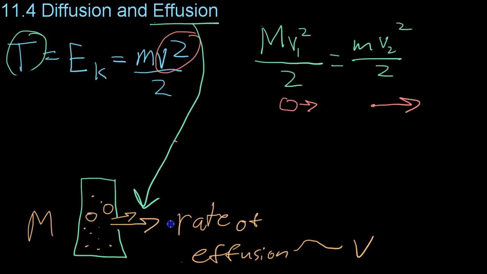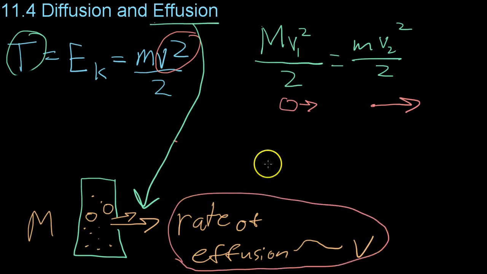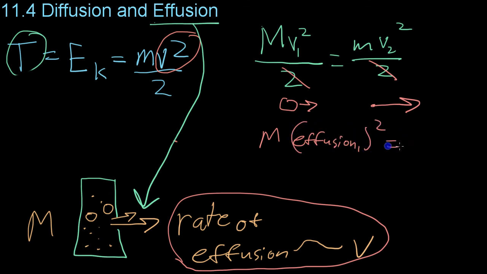Now because we know that rate of effusion is proportional to its velocity, we can do some canceling. First of all, get rid of these 2's, and in the above equations we can essentially replace the velocity with the rate of effusion. So you get big mass 1 times its rate of effusion squared equals little mass times its rate of effusion, also squared.